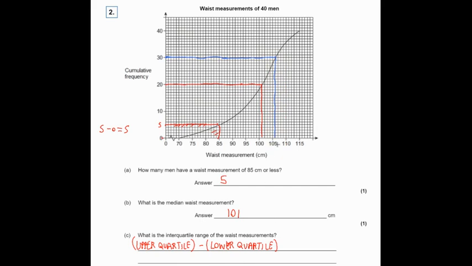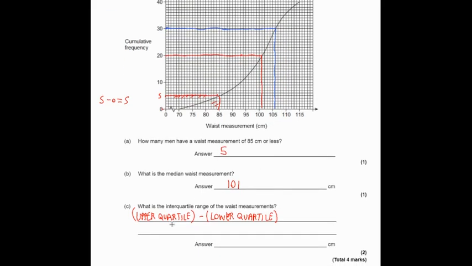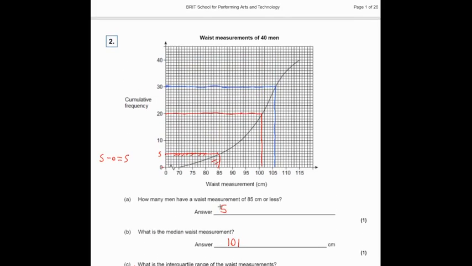So that's 106. So the upper quartile is 106 because we read 106 from the graph. Take away the lower quartile, we go 1/4 of the way. So 1/4 of 40 is 10.